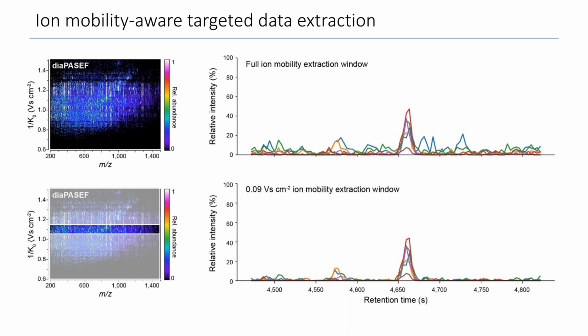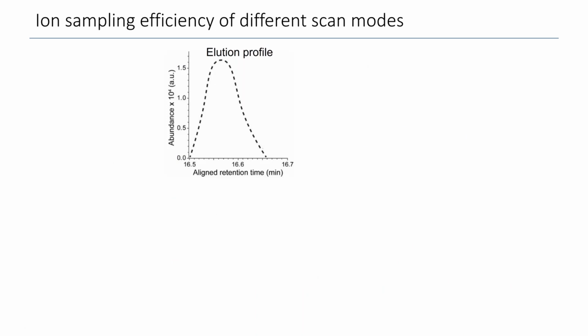However, I think really the key difference and what makes this DIA-PASEF method so interesting is really the efficiency with which you can analyze the ions. So to bring this point home, I just want to go back to a very simple example. In this case, just a single peptide from a BSA digest eluting from a chromatographic column.